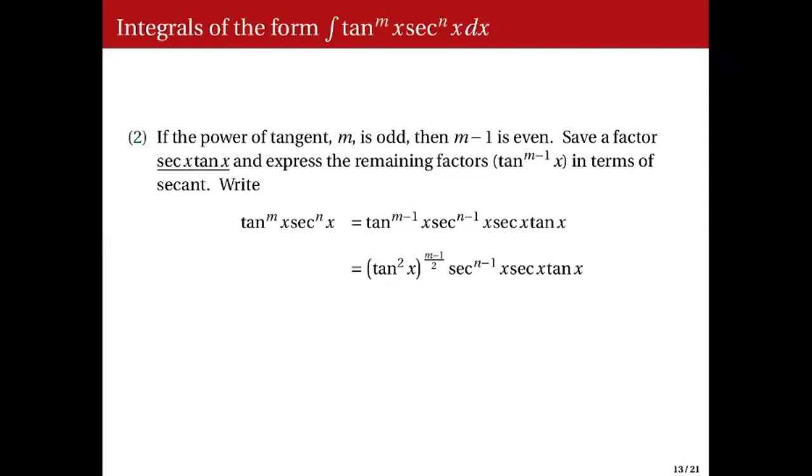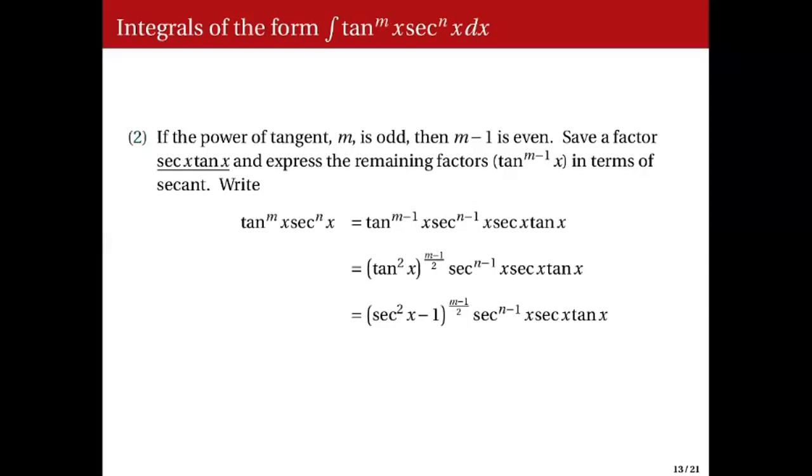You convert it in terms of secant. So just like before, you rewrite tangent to the m minus 1 x as tangent squared raised to m minus 1 over 2. Again, this is an integer, so we're good at that. And then we convert tangent squared x into secant.